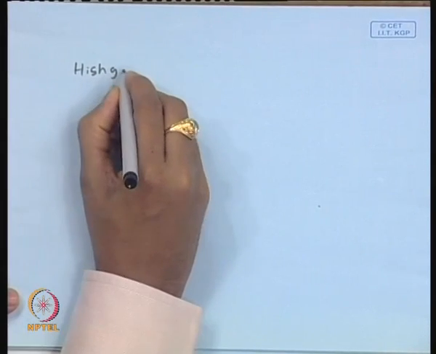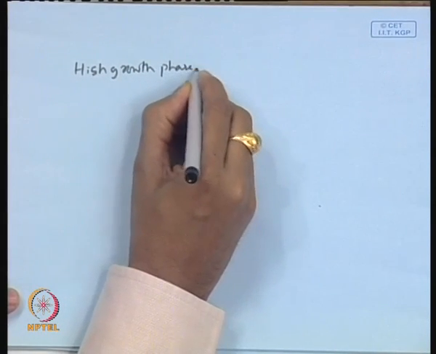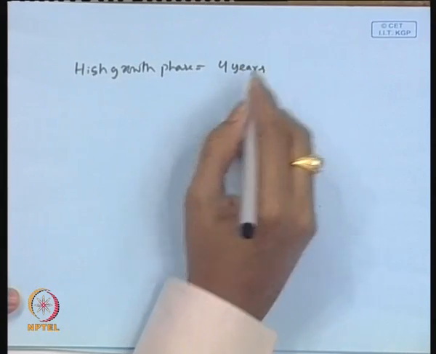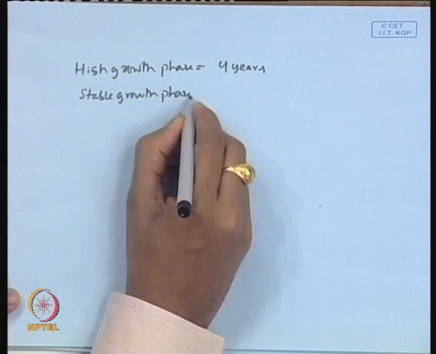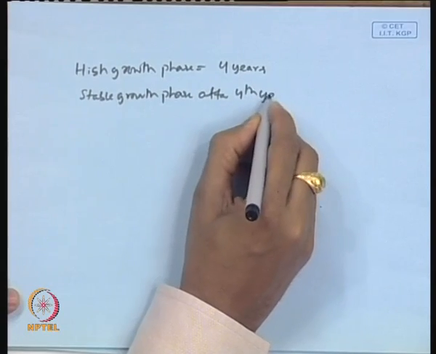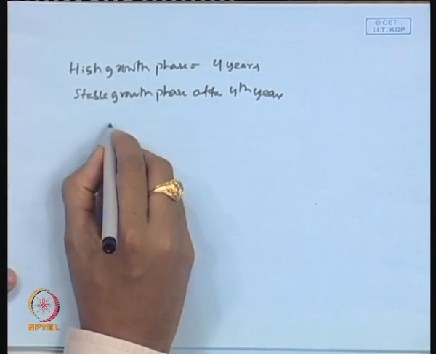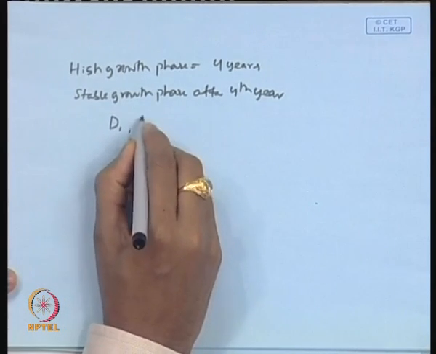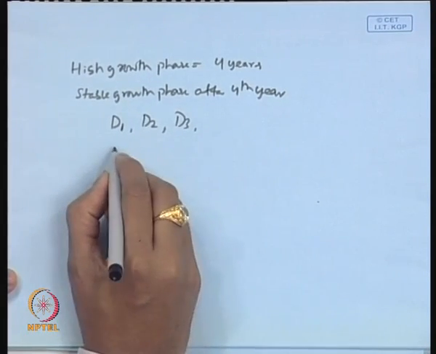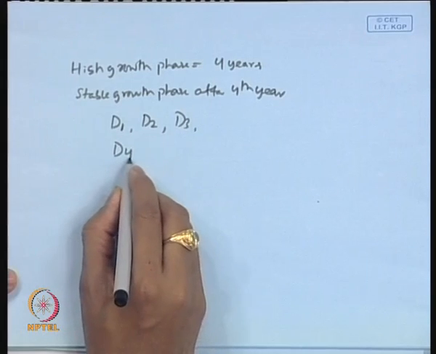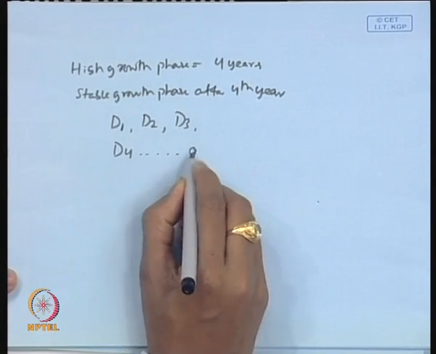So, if you have a company where the high growth phase, or the supernormal growth phase, is, let us say, 4 years, and then the stable growth phase arises after the 4th year. In that case, one has to find out the dividend for the first year, the second year, and the third year separately, then the dividend for the 4th year, which is going to grow at a particular constant growth rate.